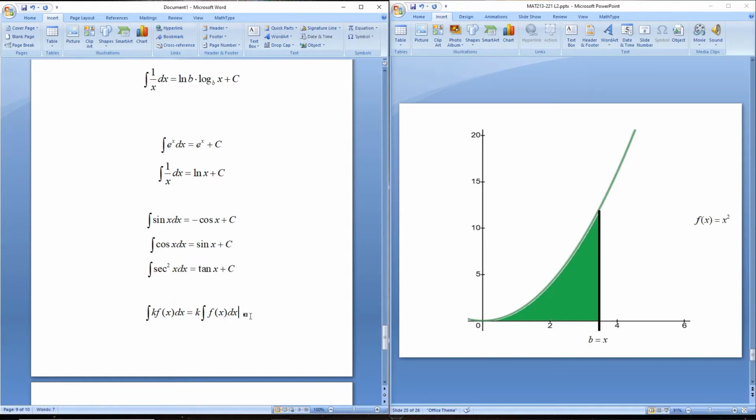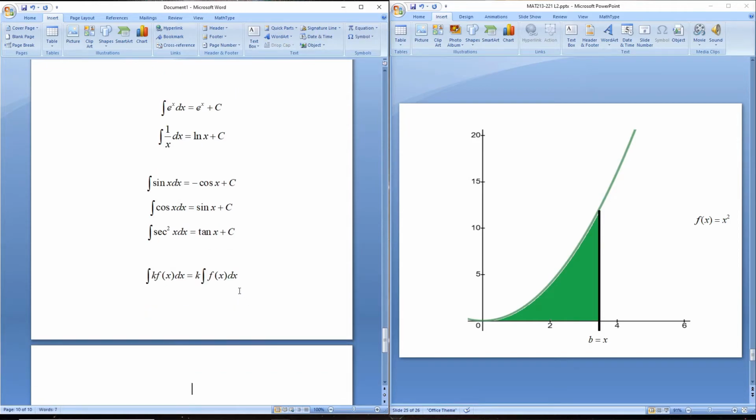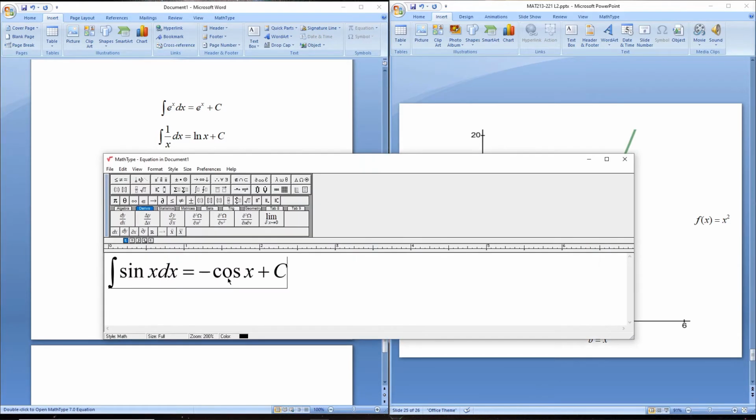Another useful property the integral has is that it also distributes. So let's say we have two functions here. Then the integral will distribute, just like the derivative does.